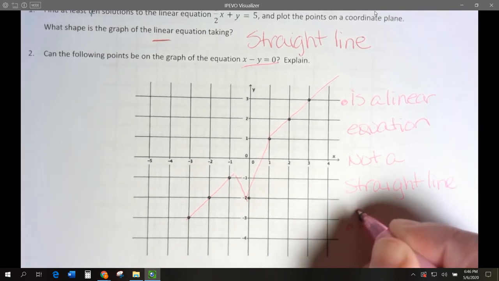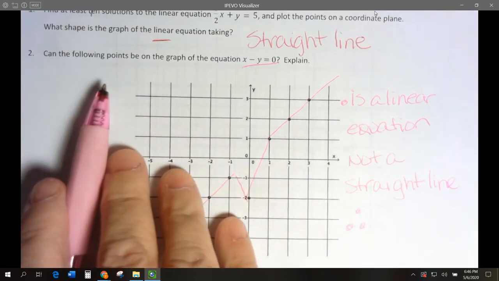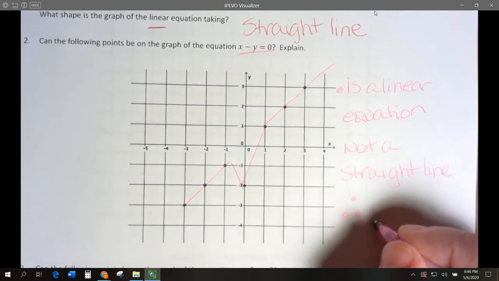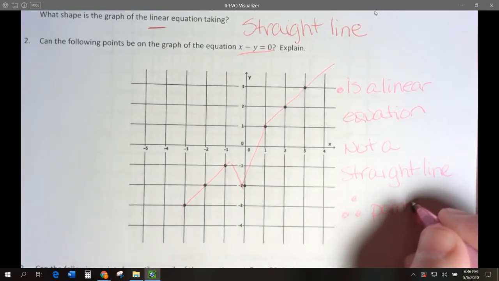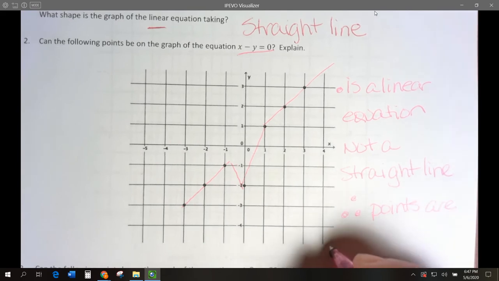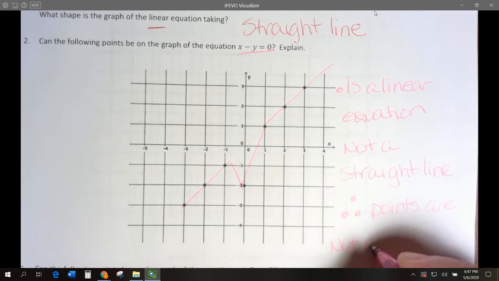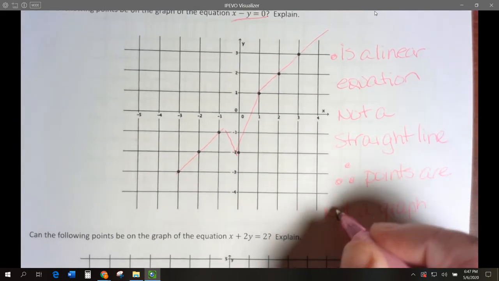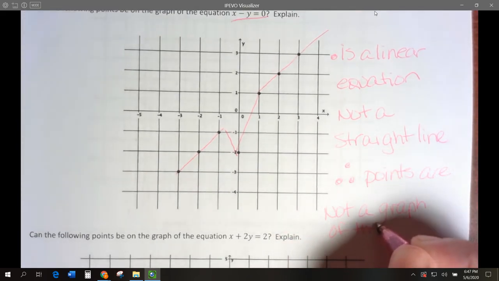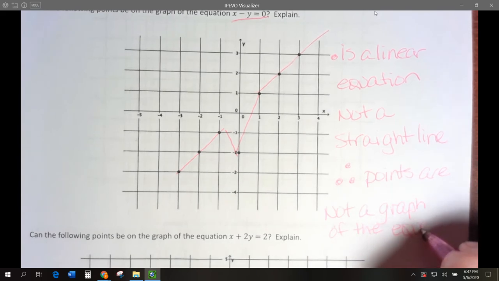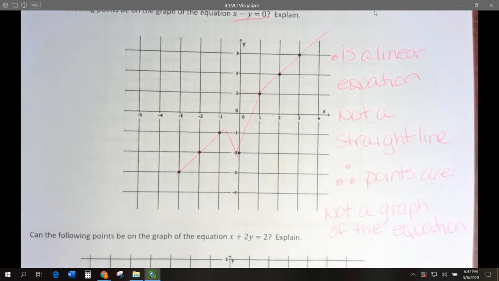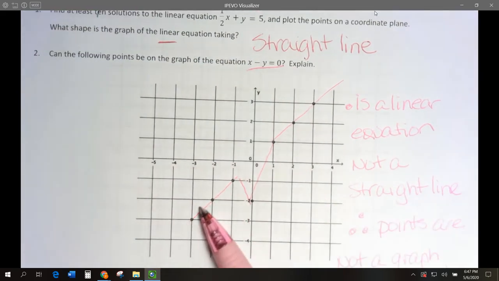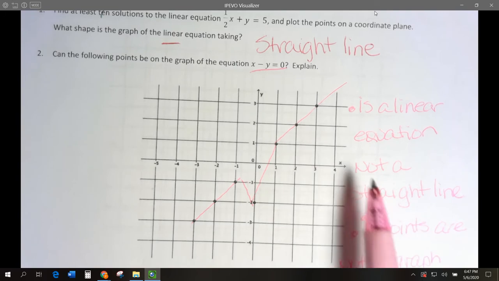Therefore, the points are not a graph of the equation. Okay, because we know this has to be a straight line, it's a linear equation. This is not a straight line, therefore this cannot be the graph of that.